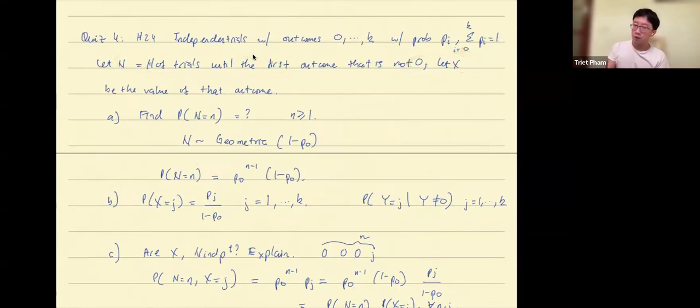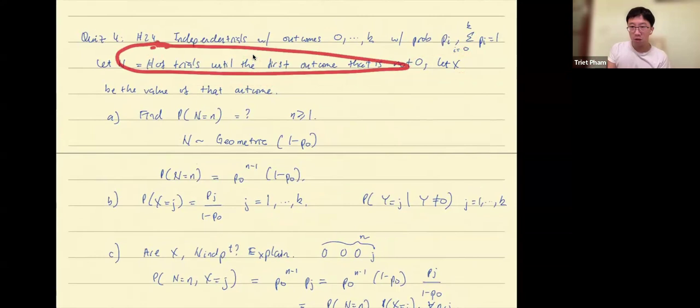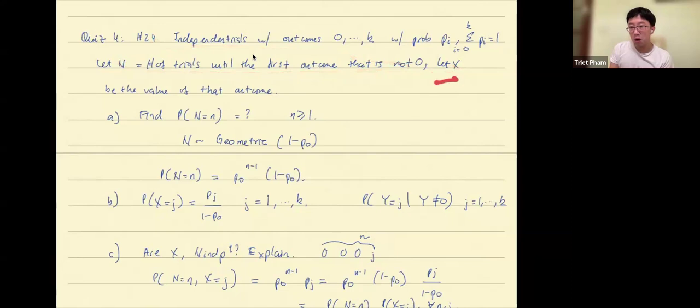From that point of view, they seem to be independent, because it doesn't matter what value n is. N can be 1,000,000. If I tell you that n is 1,000,000, does it change how you predict the value of x in any way? I think the obvious answer is no.